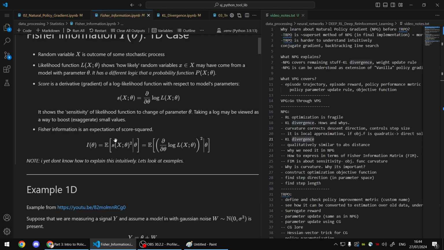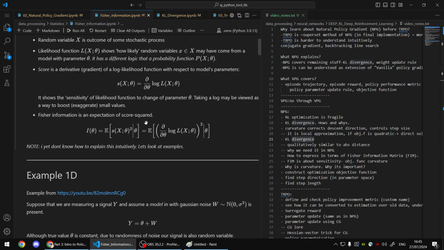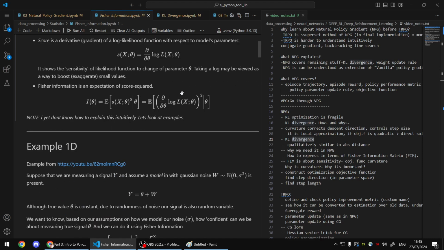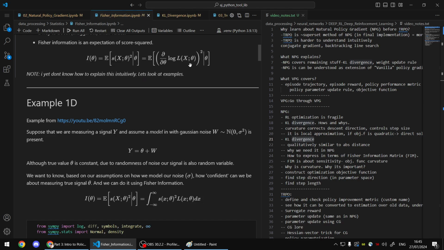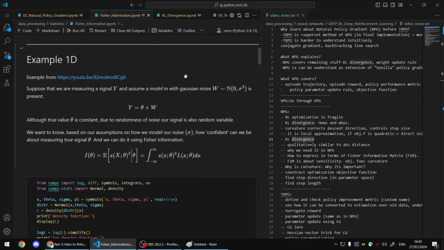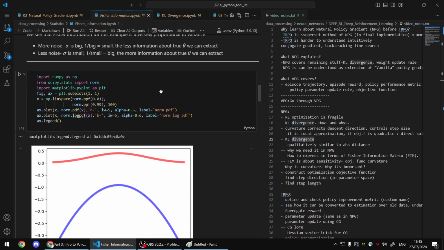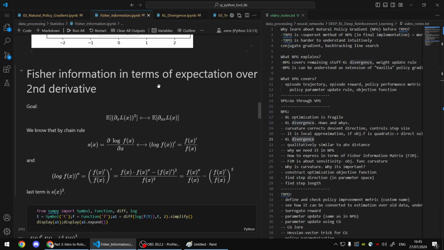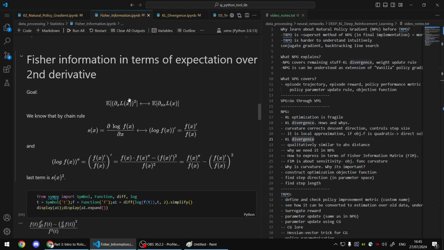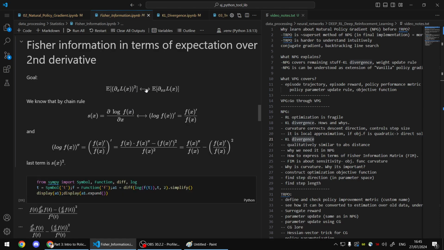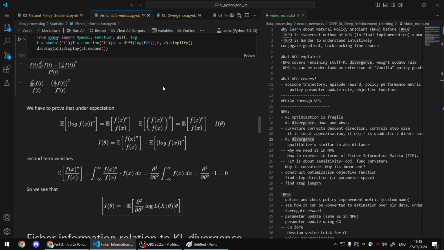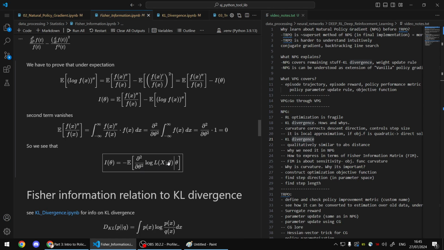The expression for one variable is the expectation over the square of log likelihoods, and you can express it not in terms of the square of first derivatives, but in terms of second derivatives.